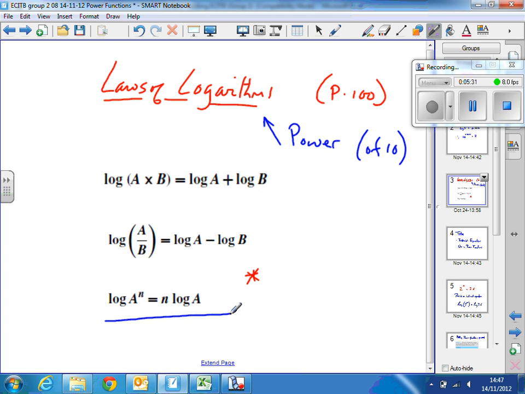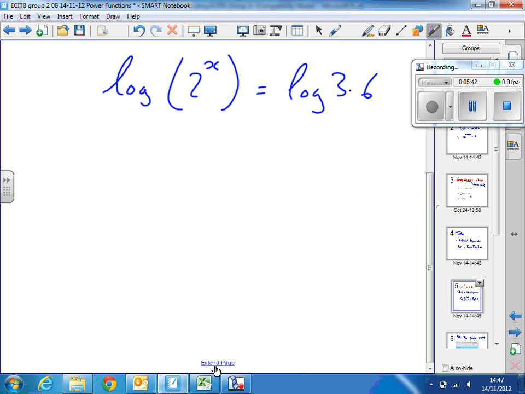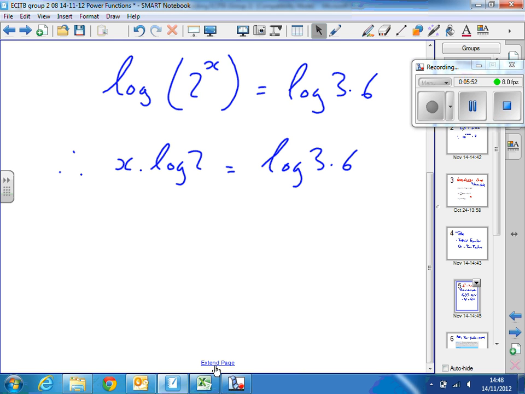The logarithm of a to the power n, the n comes down and turns into a multiply. So in other words, we can use that here, and we can say that, therefore, x times the logarithm of 2 equals the logarithm of 3.6. We brought the power down and turned it into a multiply.